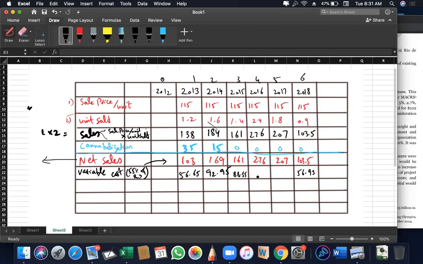Okay, now these two values, 276 and 207.